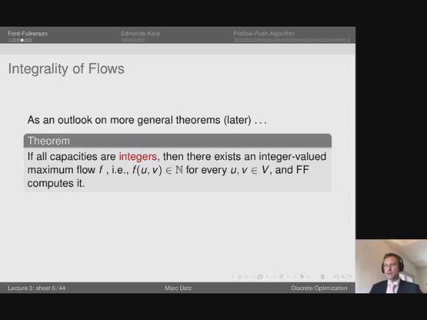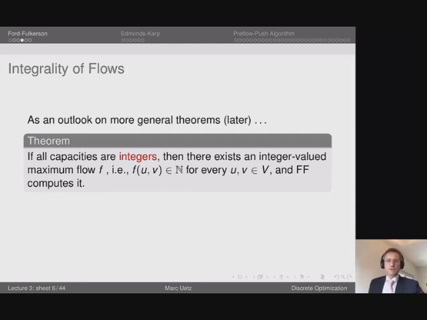By how much do we augment the flow? Well, that's the residual capacity of that augmenting path. And since all the capacities are integers, all the residual capacities will be integers. So we augment the flow in each iteration by an integer amount. So the Ford-Fulkerson algorithm actually computes an integer valued maximum flow.